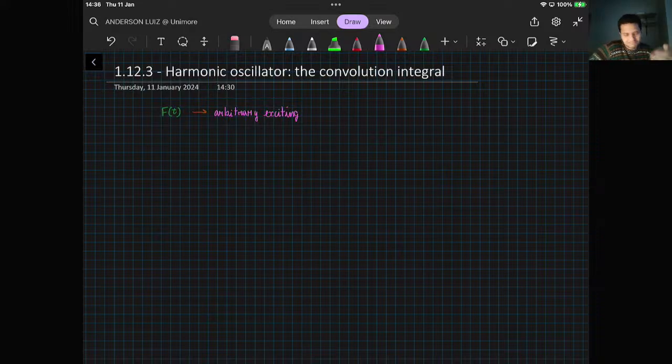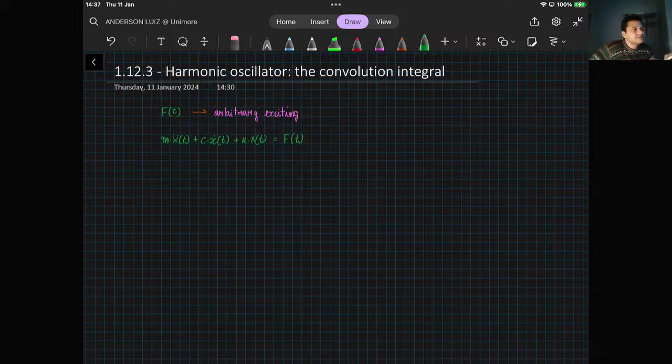Okay, so acting on a harmonic oscillator, which is described by the following equation: m times x double dot of t plus c times x dot of t plus k times x of t, which is equal to this arbitrary excitation.